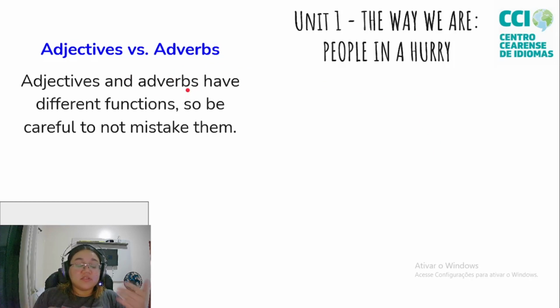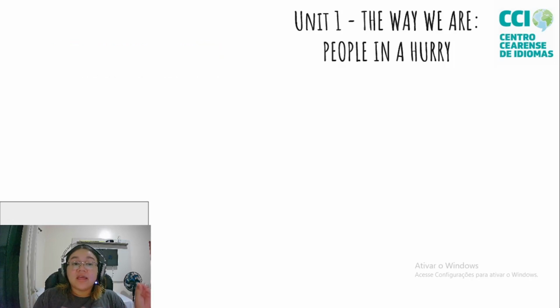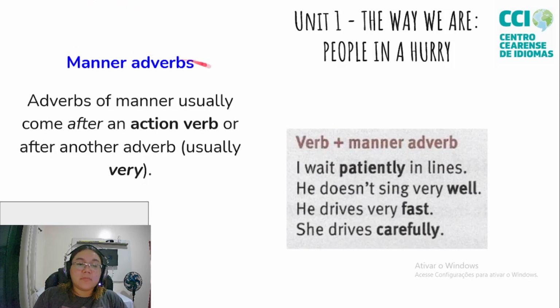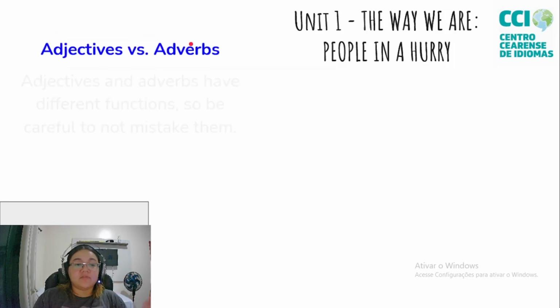They describe the manner in which you do something. They're not describing you or the thing that you're doing. They're describing the way that you do things. I'm talking about manner adverbs. There are other adverbs, like time adverbs and so on, but I'm talking about manner adverbs.